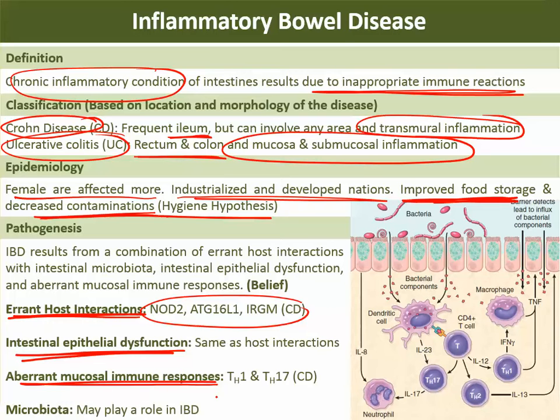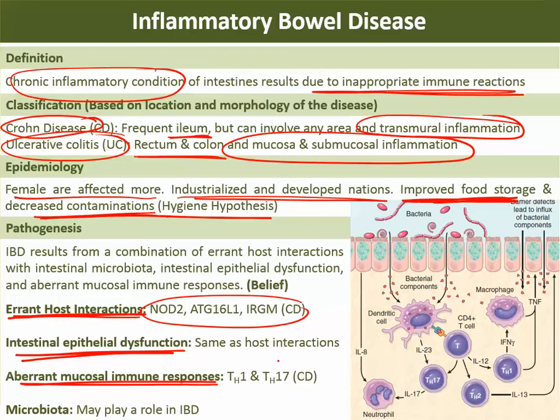And the microbiota, that is the microbial content of the colon, the inflammation goes towards the normal microbial flora. Normally our immune system will not attack the normal microbial flora. In this condition they will start reacting towards the normal microbial flora.